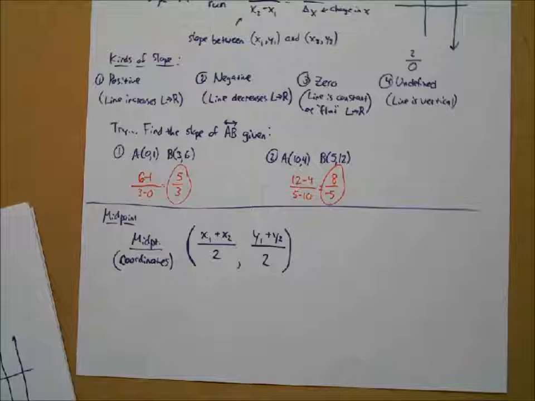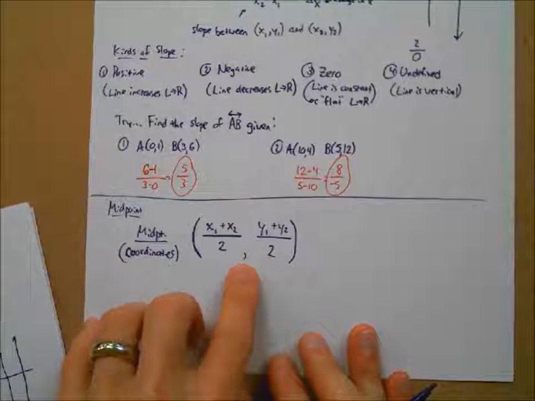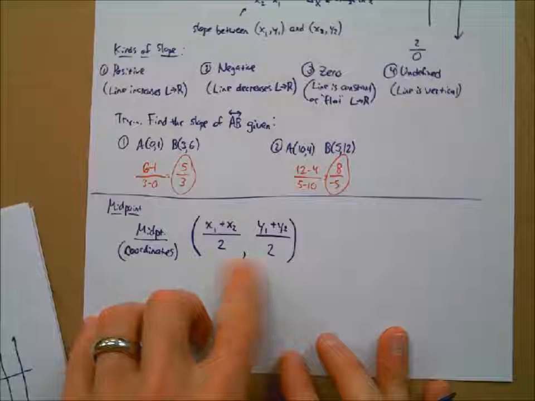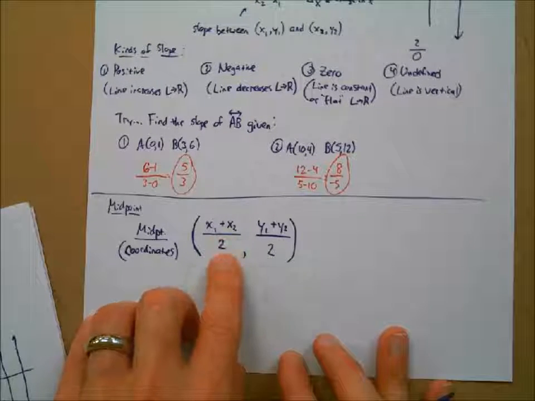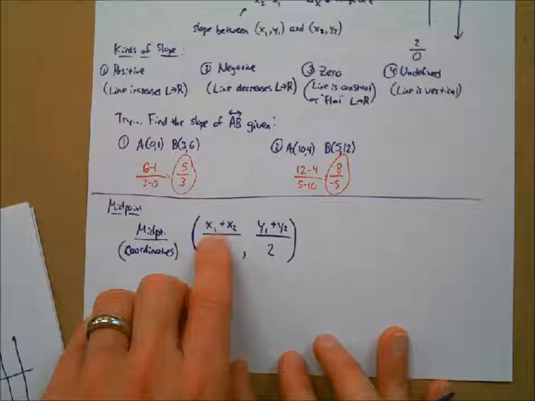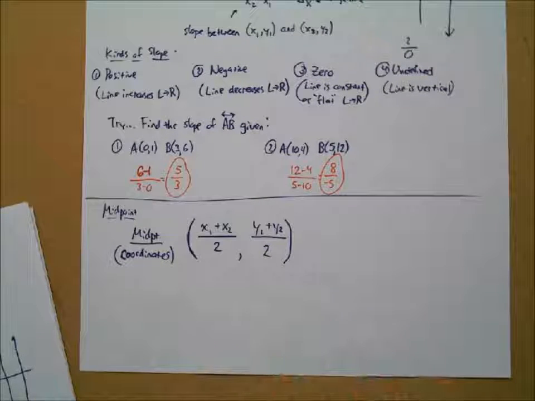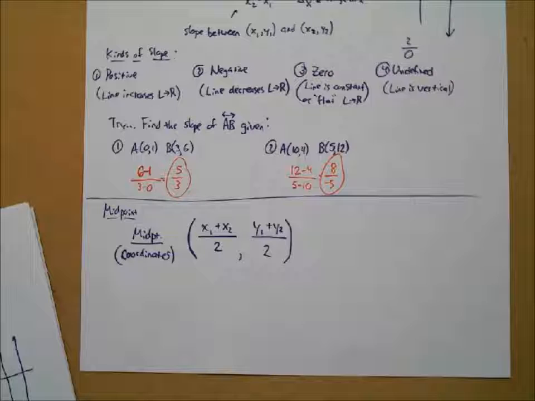A midpoint is a point, so it needs 2 coordinates, an x-coordinate and a y-coordinate. That's why there's a comma here. Let me give you an example.